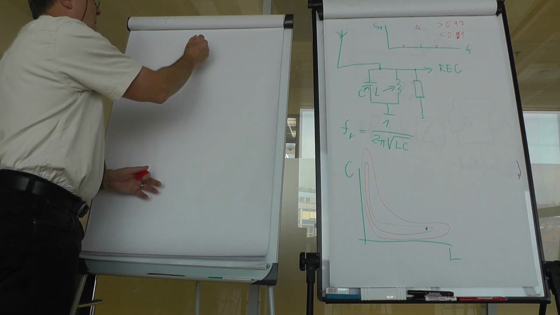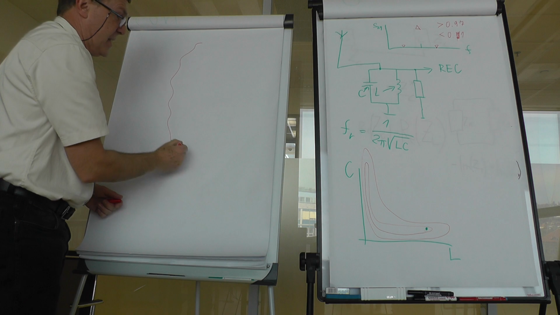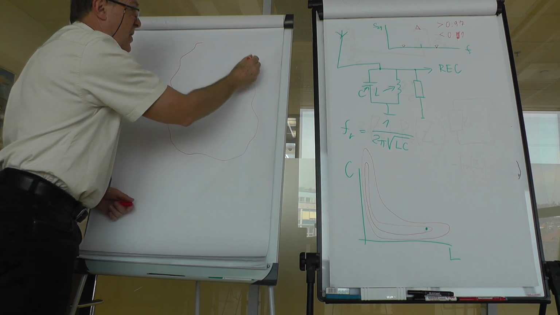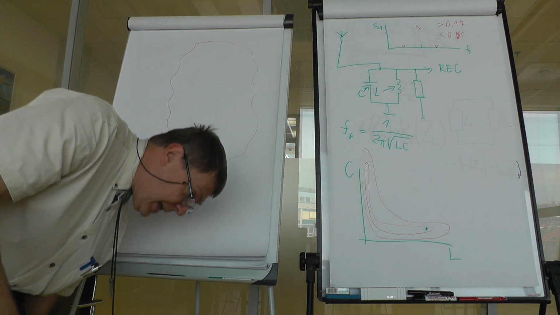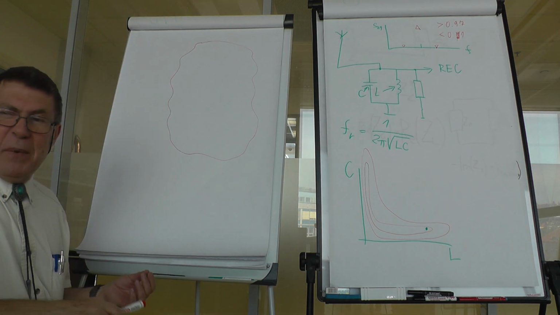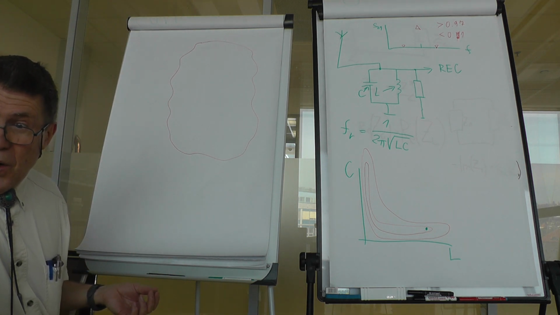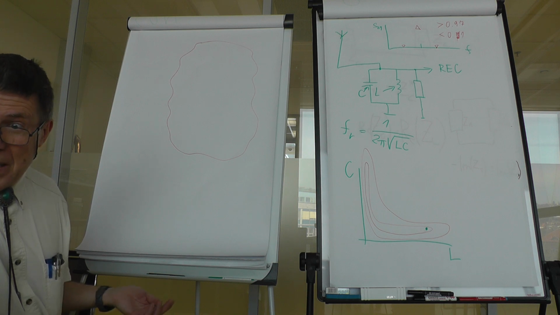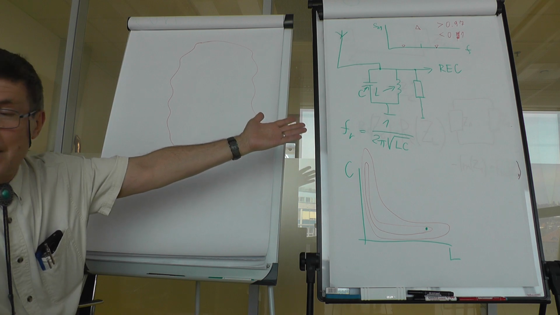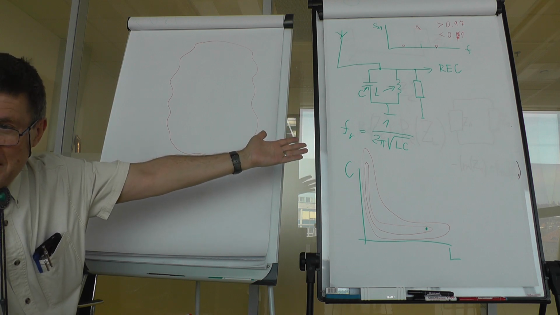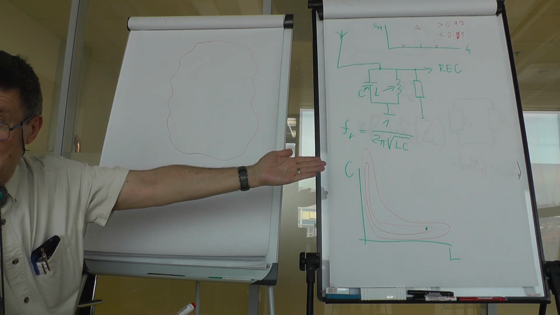We have some search space. The search space is mostly multidimensional, that is, it has the dimension of the number of variables. In that case, we had 2, capacity and inductance.